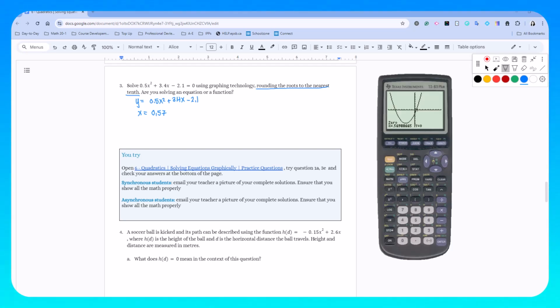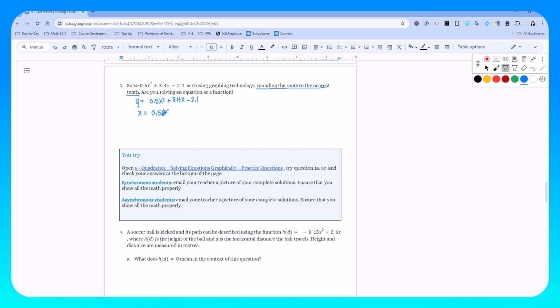I have a great memory, it's just short, 0.56988. To round that to the nearest tenth means x equals, the tenth is this position right following the decimal. So we have to round. We look at this one, it's a 6. The 6 means it goes up, so it's 0.6.